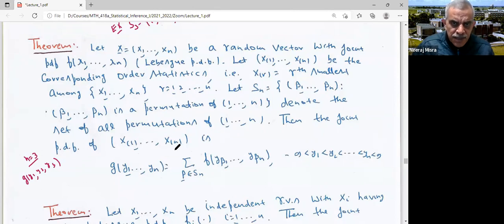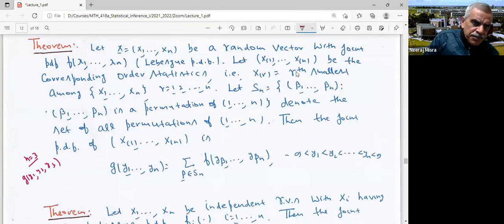If I have a random sample, I can write this in terms of the joint PDF of X1, X2, X3.